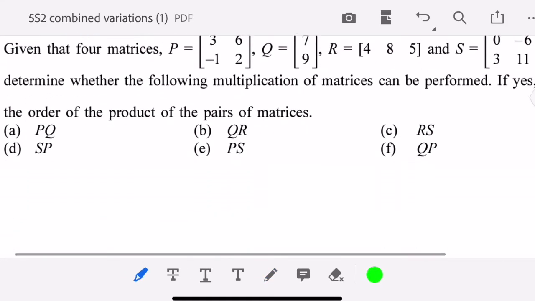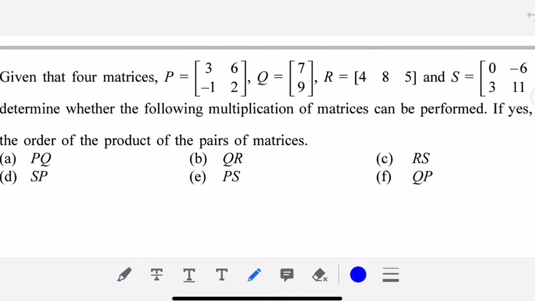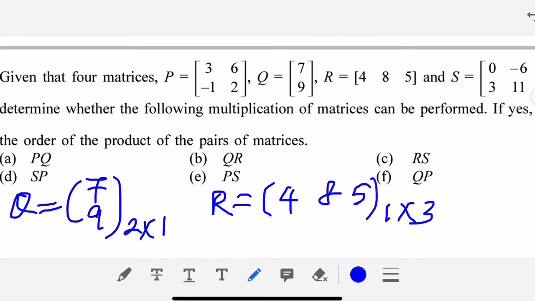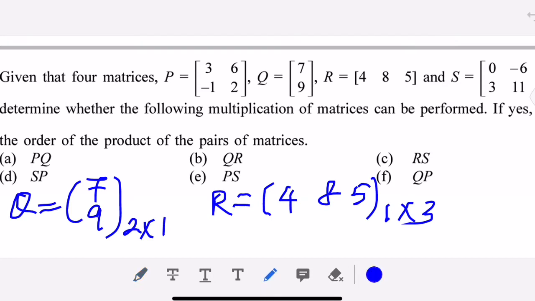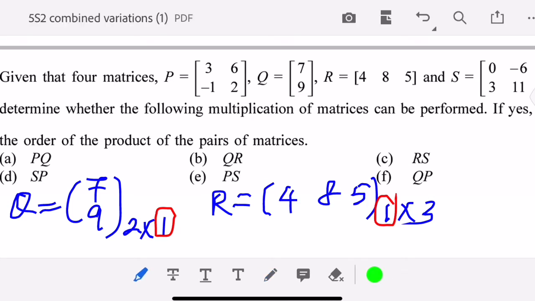Now we do another one, QR. Let's see the order for Q and R. Q is, just now, 2 by 1, and R is 1 row and 3 columns. We check that the number of columns of the previous matrix must be the same as the number of rows of the subsequent matrix they are going to multiply by.